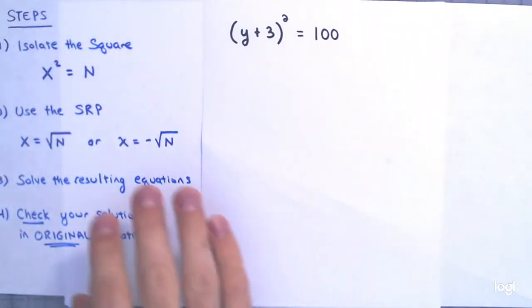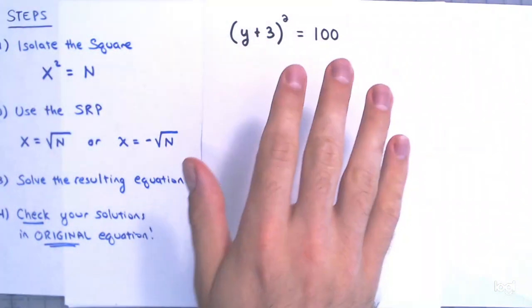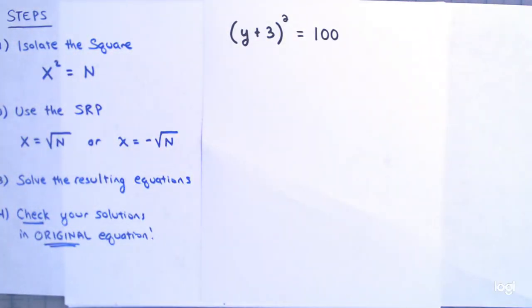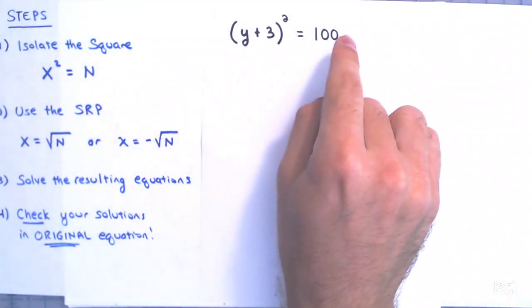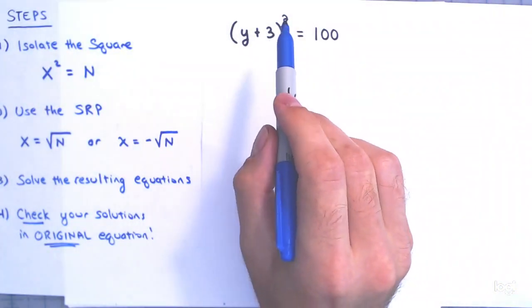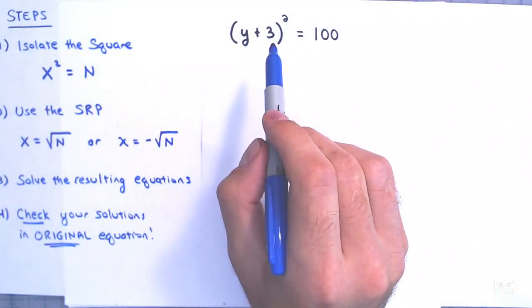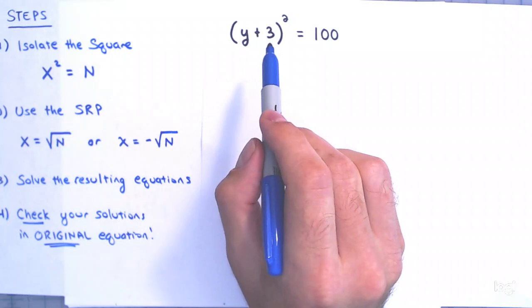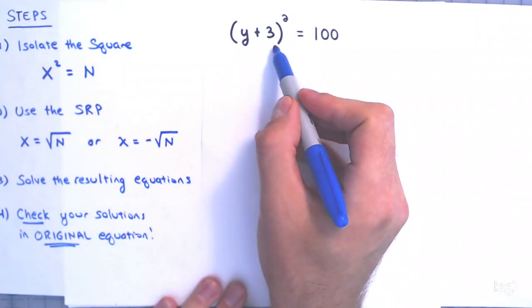So again, we've got the steps here. We're asked to solve this equation, find the values of y that make this true, using that square root property. So notice it is an equation where I can use the square root property. See how inside the square, in the base of the square, notice it's all in parentheses here, so this whole thing is the base, y plus 3.